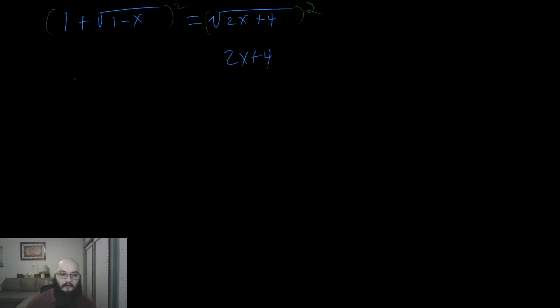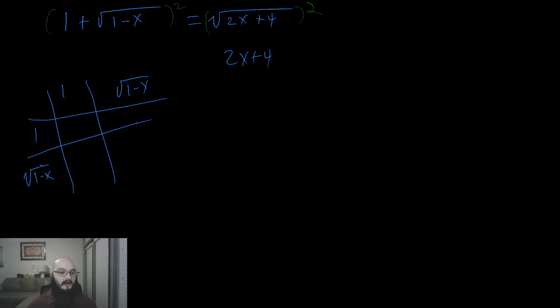I'm going to draw this out as a multiplication table just so you can see what this looks like. Root 1 minus x, 1, root 1 minus x. Because there's a little bit of a funky solution. 1 times 1 is 1. The root times the root will give us the stuff on the inside. And then here we'll have 1 times this will be itself. And 1 times this will also be itself.